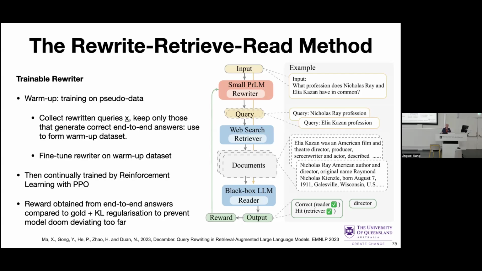So you can create some queries and then try to evaluate the query and only keep queries that led to good results, and then use these to fine-tune your model.